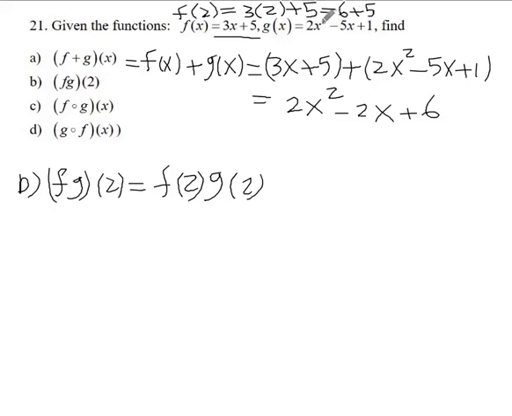That would give me 11. Then similarly we need to find g of 2. So g of 2, look at the g function, you substitute 2 for each x. That would be 2 times 2 squared minus 5 times 2 plus 1.